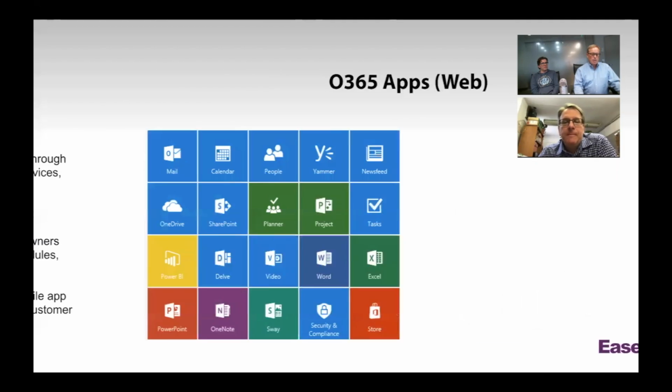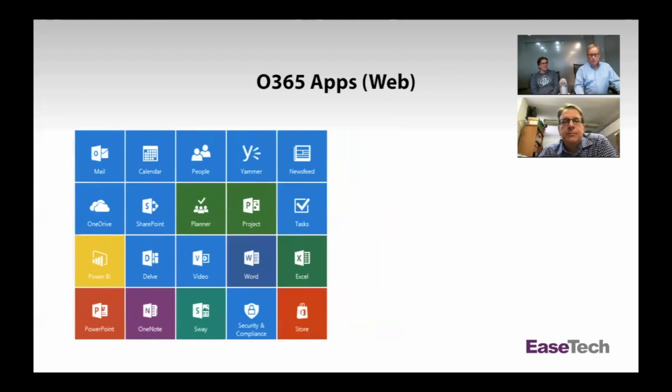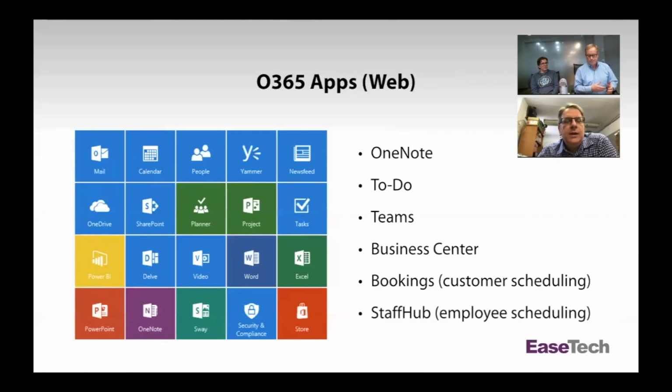Great. So again, just to cover a few of these overall apps, Matt, you want to maybe touch on a few of these for me, if you're familiar with some of them? Yeah, so once you log into your Office 365 on the web, you can click on the applications, and it'll give you a menu of everything that's available. We've covered some of these apps in the past.